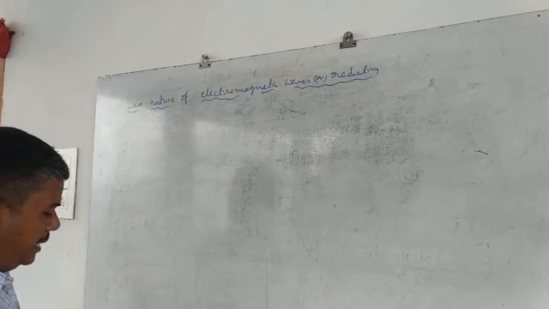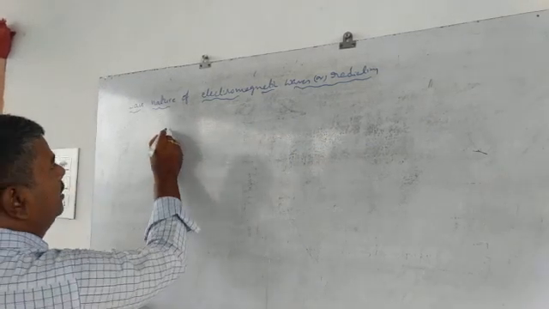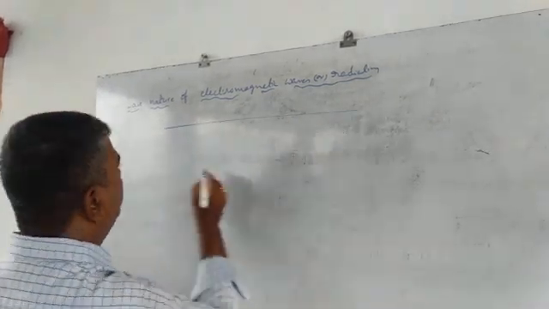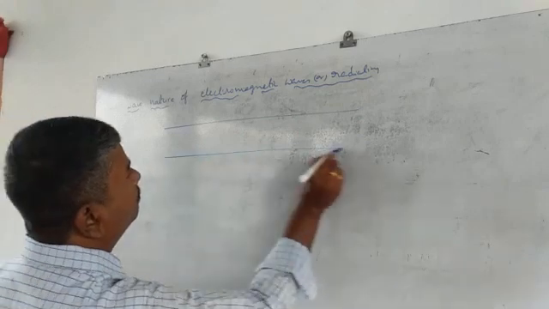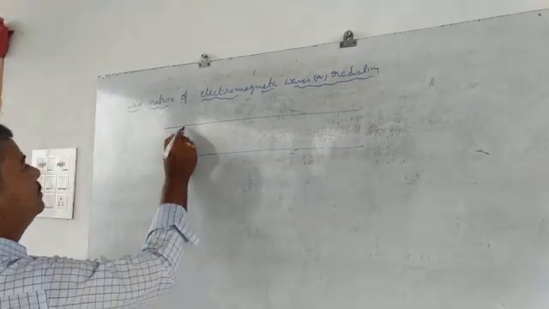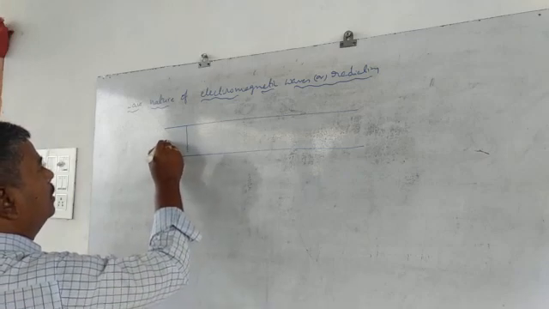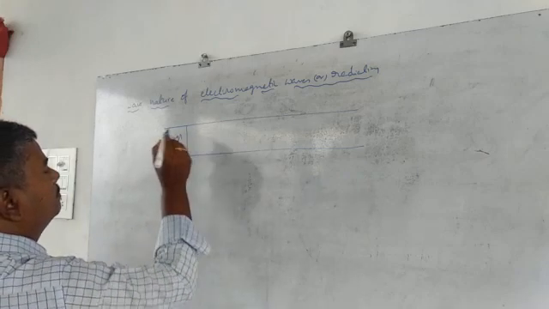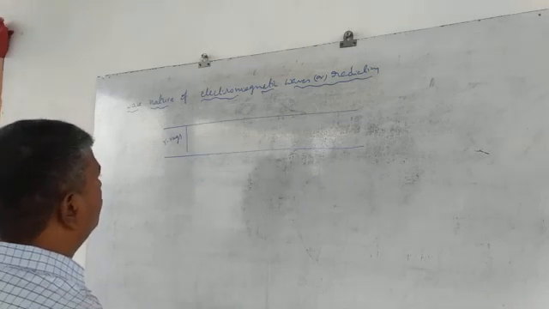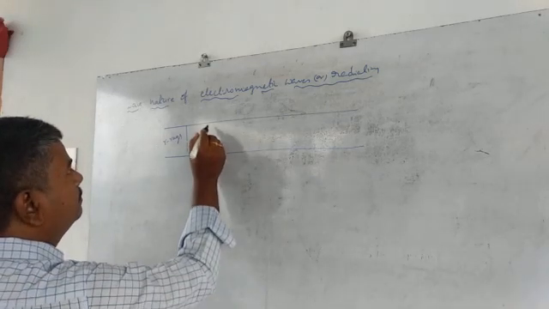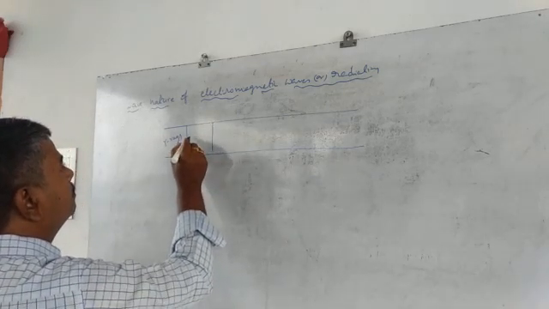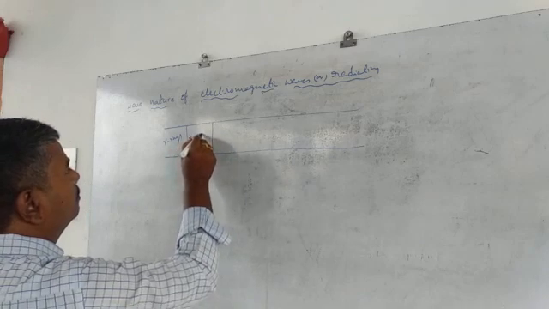So these electromagnetic waves are a wide range. From which one? Gamma rays. Gamma rays, after X-rays.